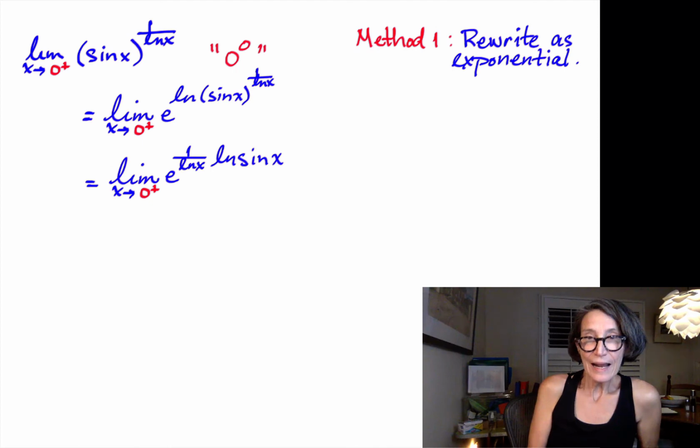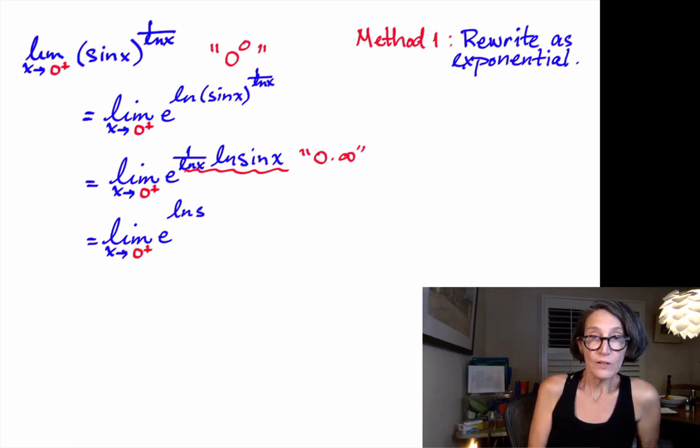And now if you look at that exponent, that has an indeterminate product form, 0 times infinity, because sine of x is approaching 0, so the natural log of the sine of x is approaching negative infinity, and natural log of x is also approaching negative infinity, so 1 over natural log of x is approaching 0. So we know how to rewrite an indeterminate product as a quotient, so we'll rewrite it. The exponent is really going to be the natural log of sine of x over the natural log of x.